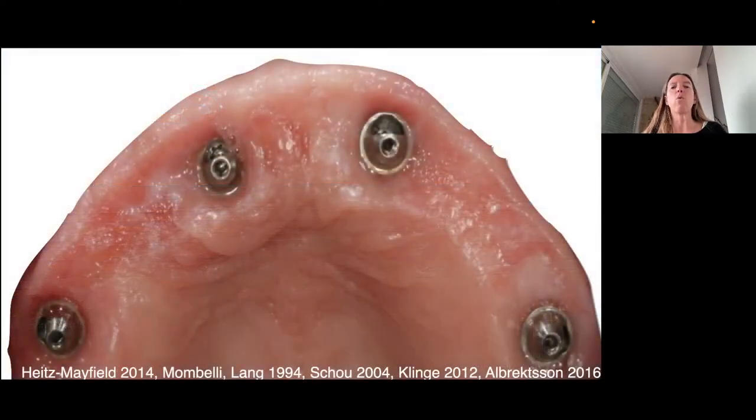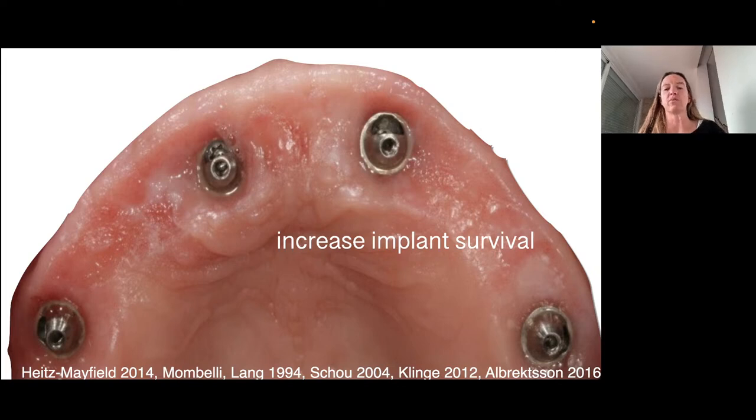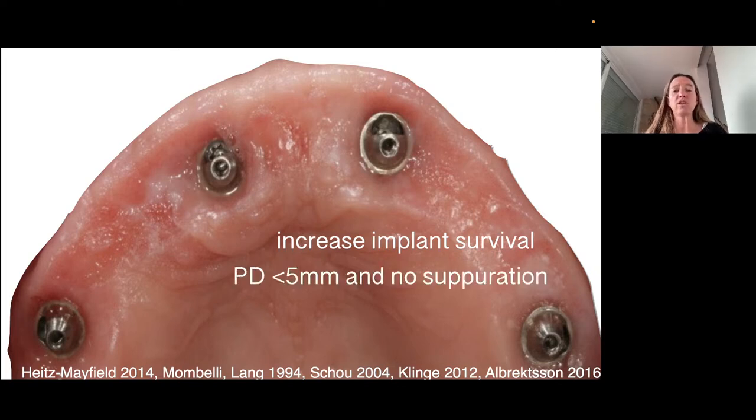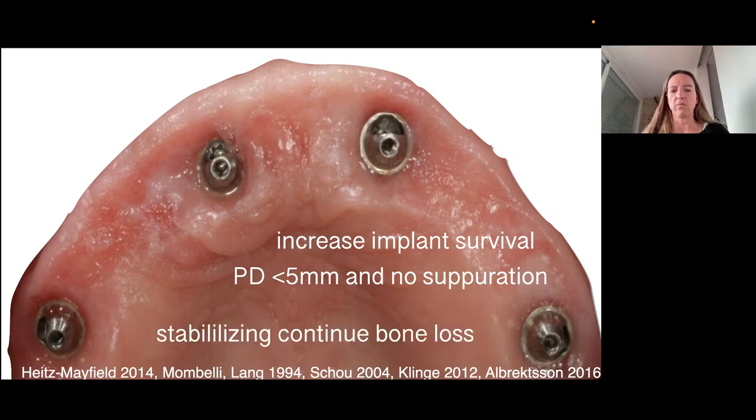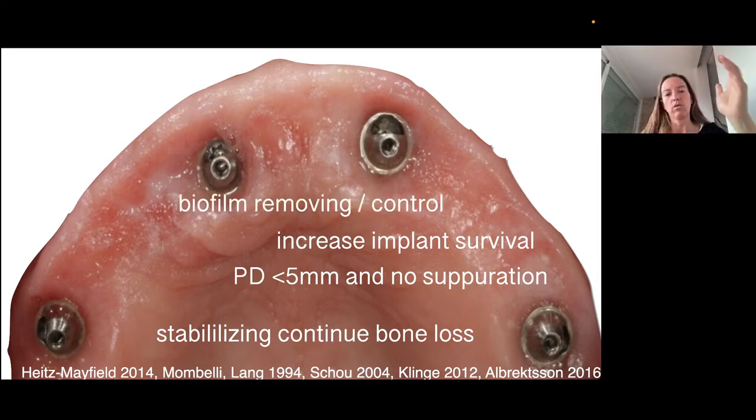So what we want with this maintenance and with all this treatment is to increase the implant survival. We want to always have small pocket depth, less than 5 millimeters, and no suppuration around our implants. We want to stabilize the continuity of bone loss. So we do not want to have more bone loss and continue to have bone loss.